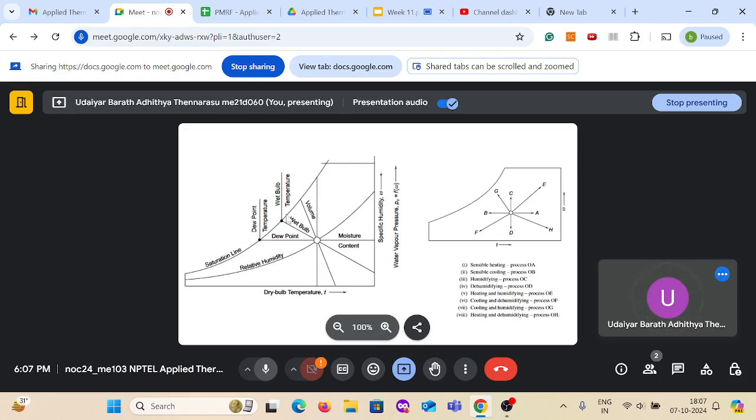And the wet bulb line is again shown here. There will be multiple wet bulb lines, and the slope of each wet bulb line will be constant. Similarly, there will be specific volume lines, and there will be enthalpy lines running parallel to these wet bulb lines, slightly offset.